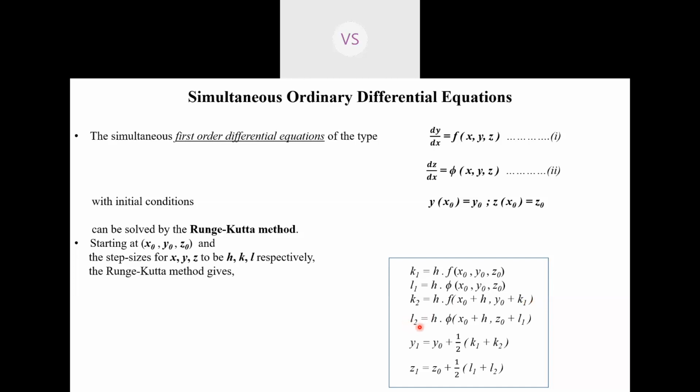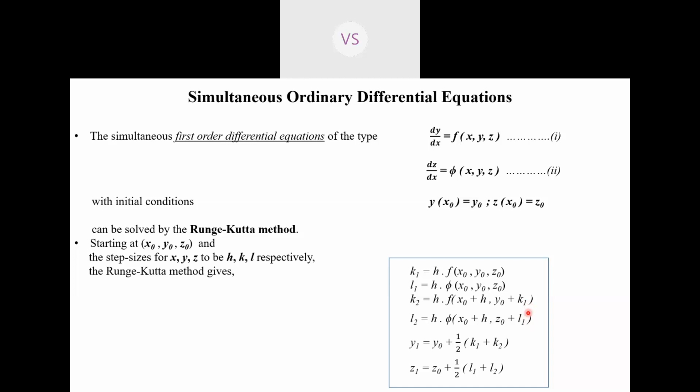L2 will be h into phi of x0 plus h, z0 plus L1, and here also one term of y is remaining, that is y0 plus k1. So there is a mistake in the formula here. I will give you the corrected formula.